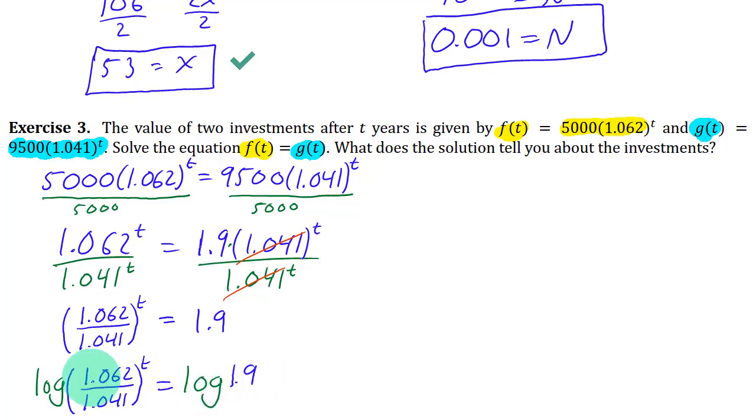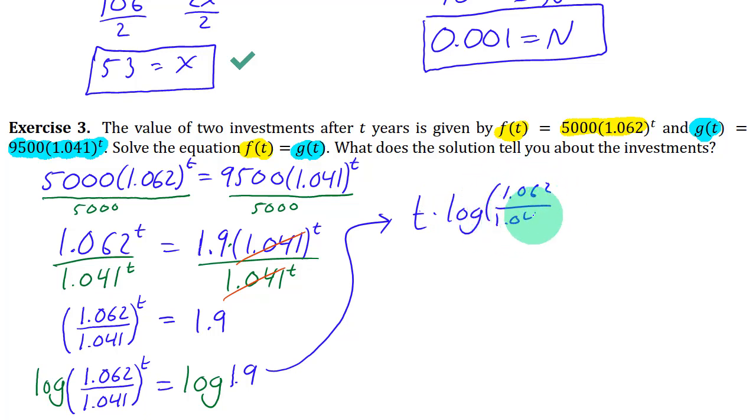And log of this whole thing, the t is going to come out. You're going to write that in front using log law 3. Now we can divide both sides by that log.